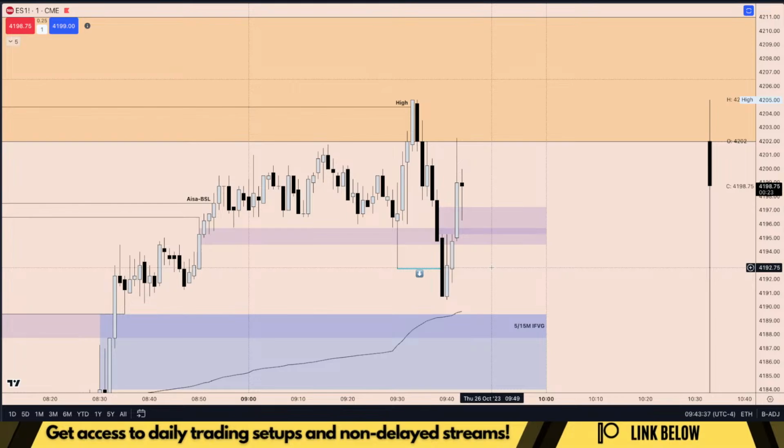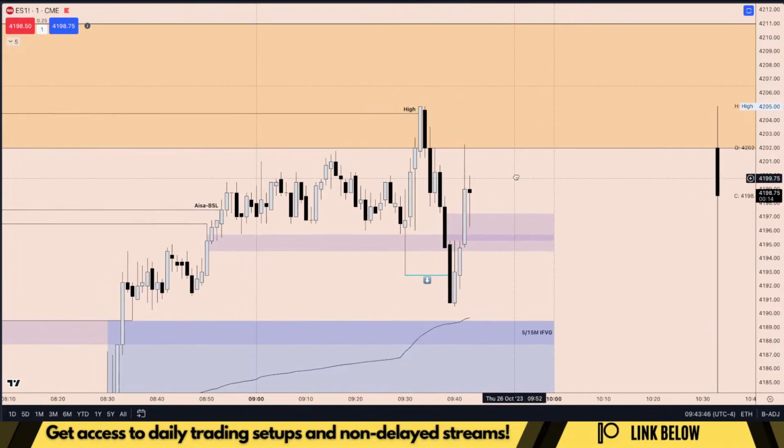Now, volume imbalance to the upside. We're now retesting this inversion fair value gap.